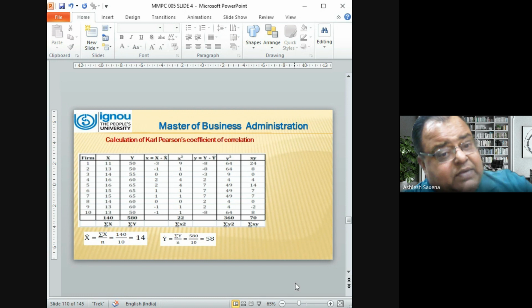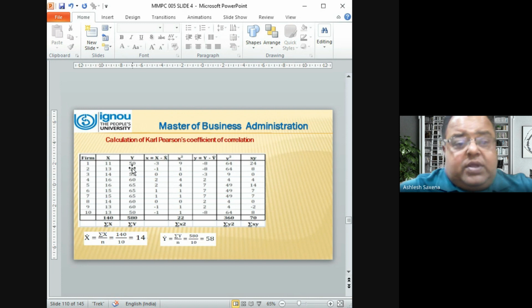Third, you have to calculate x square. That means minus 3 square is 9. You have to square all these values. You will get this. Small y has been calculated, y is equal to Y minus Y bar. You get these values. Square it. And multiply x and y, this and this.